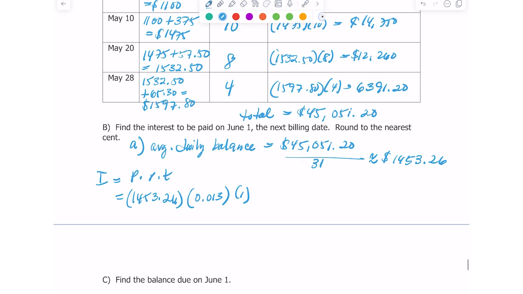Okay, and by the way, time here is measured in months when you're calculating this. And we get something close to $18.89. So that's the interest for the June 1st billing cycle.